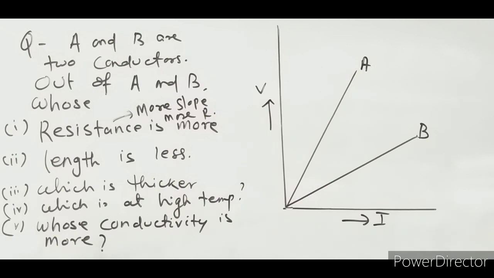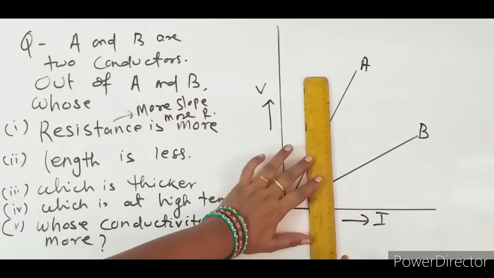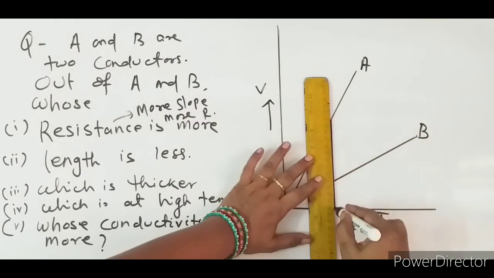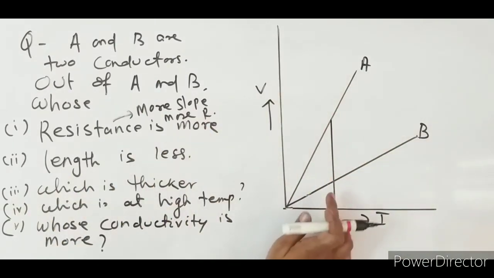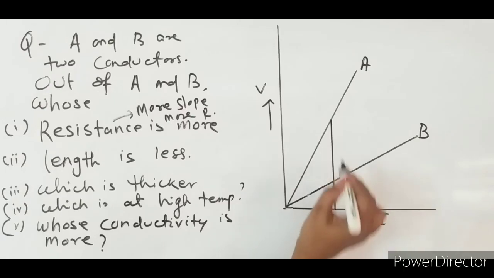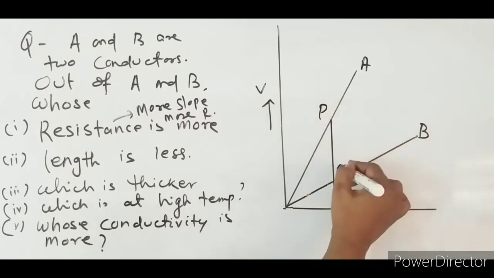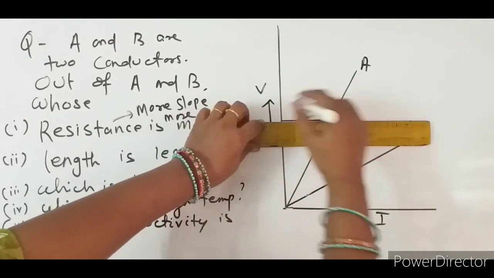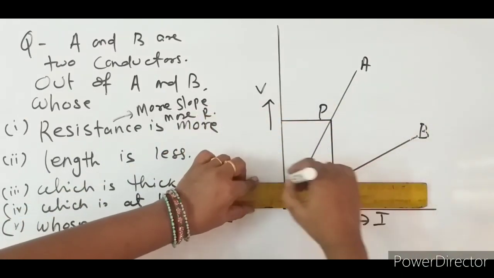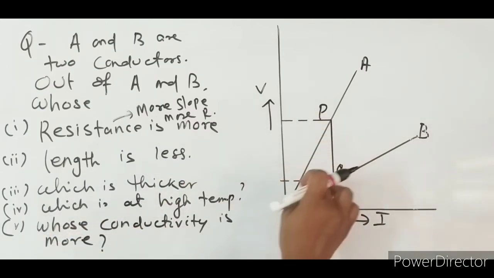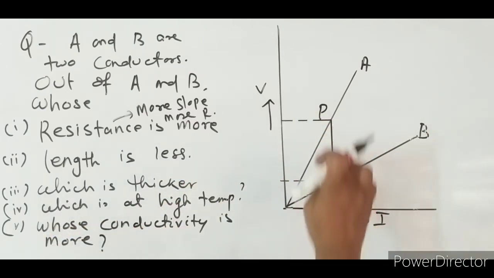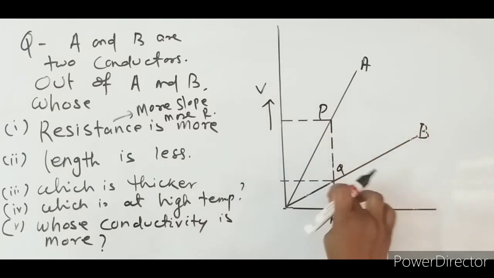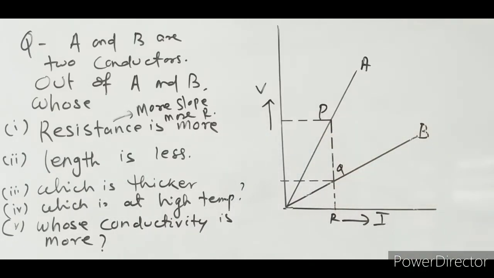So how to find this slope? Let us take a point from here. In this case, for B, let it be P, Q, R. So here for A, the slope will be PR by OR.